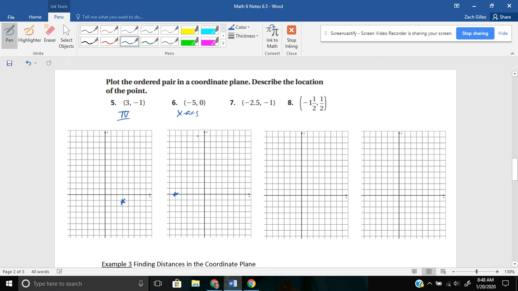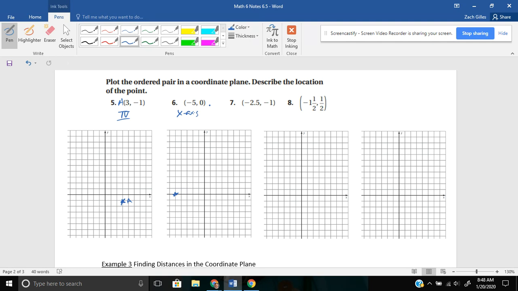Sometimes too, it is helpful to label these. So, like if they had a letter next to it, like A, you would label this A, and so forth. They don't have them labeled here for you, but sometimes that can be helpful to do.